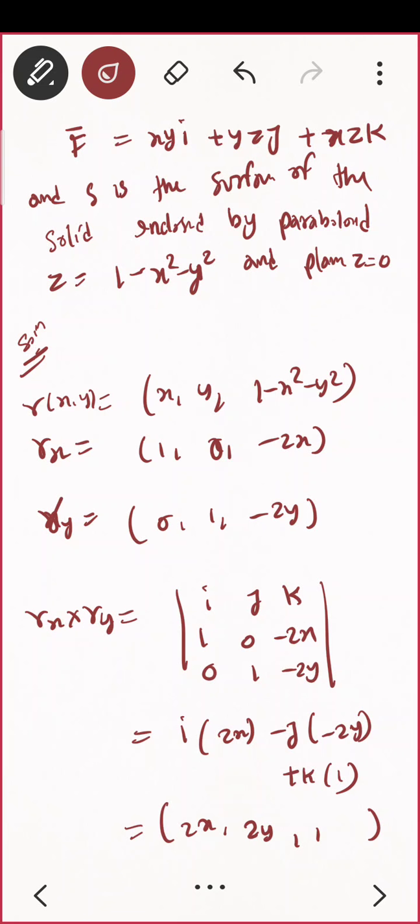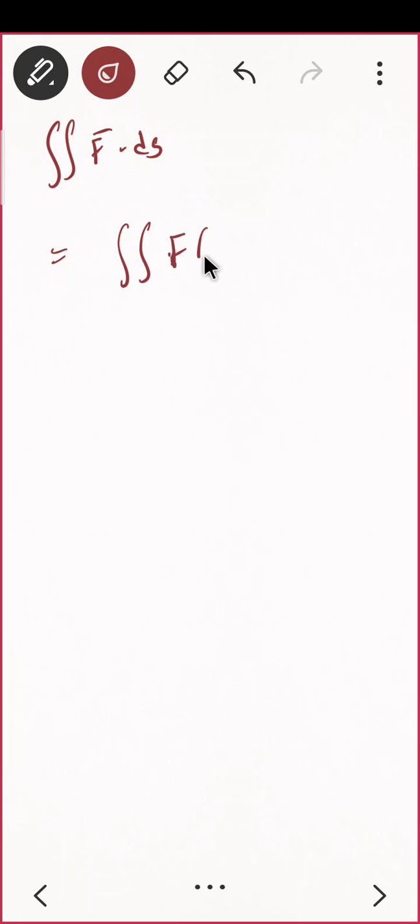Okay. So now what is the formula? Double integral F dot dS is equal to, you apply this one, that is F of r of xy, in our case here it is xy, multiplied by rx cross ry, same as in the previous case.